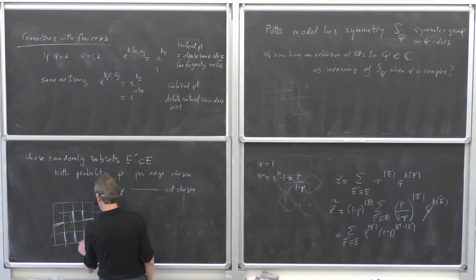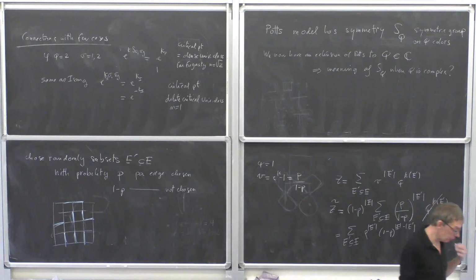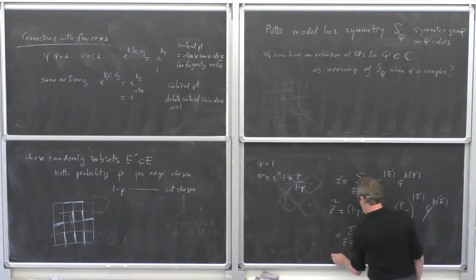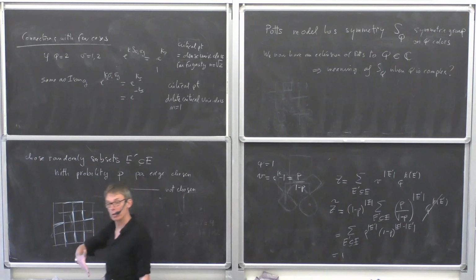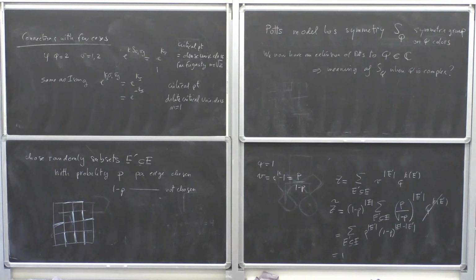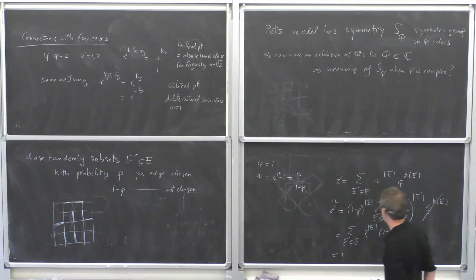So you color them in blue with probability p, and you color them in white with probability 1 minus p, which is really a totally trivial random process whose partition function, of course, is equal to 1, because each edge can be chosen or not. If it's chosen, it comes with probability p. If it's not chosen, it comes with probability 1 minus p. 1 minus p plus p is equal to 1. Z equals 1, of course, it's a probabilistic problem. So the partition function is trivial.